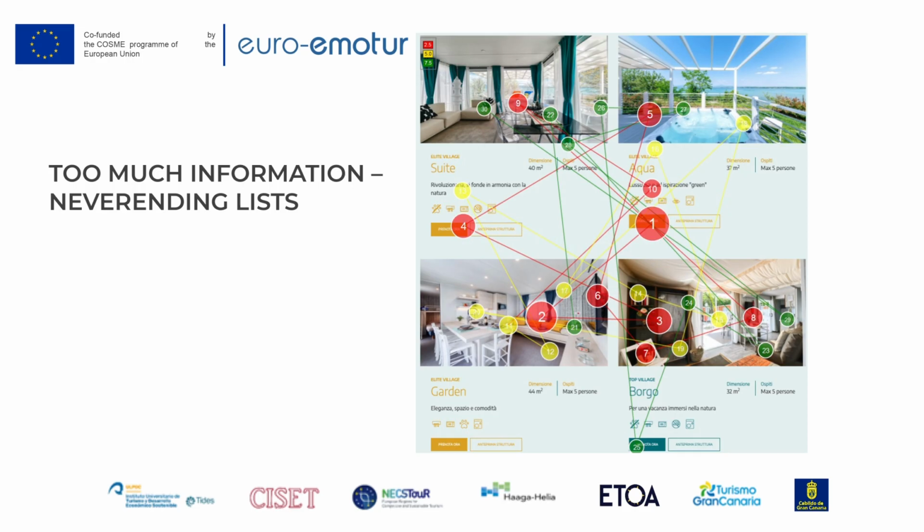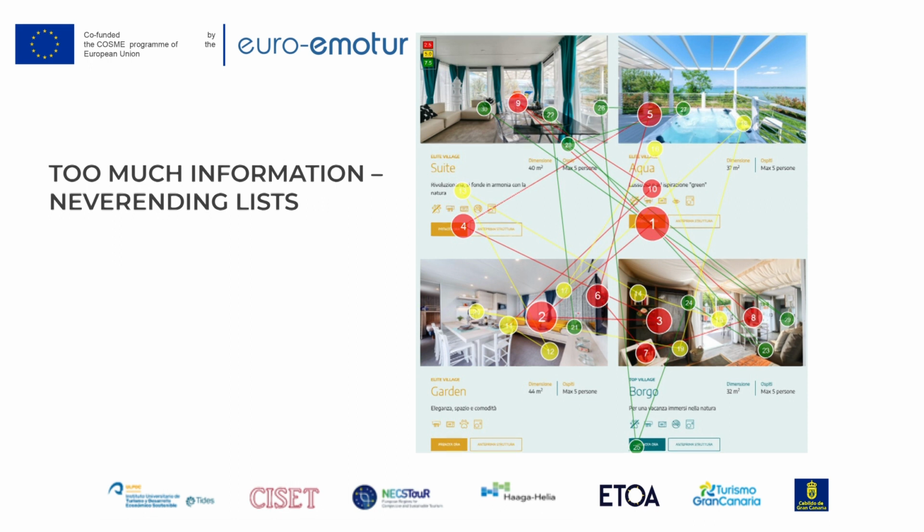The pictures are not that different, and again, you see these gaze plots that tell us that the user's gaze just jumped from one point to another, but didn't really stop anywhere, because they basically don't have any kind of navigator to understand how to move through this kind of list.